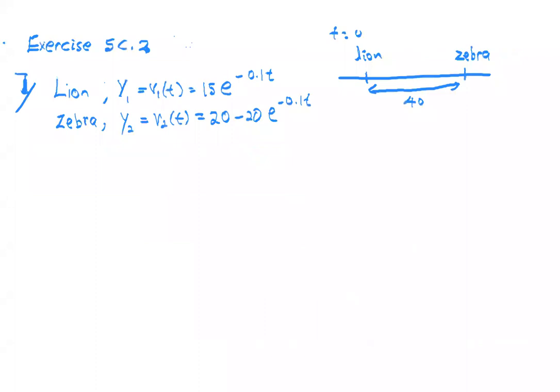So when you want to do part A, the question wants the speed of each animal after 1 second, correct? So for lion, we just write down V1(1). So you go to your graphic calculator, call out your Y1, put in 1, okay? So you got the velocity.